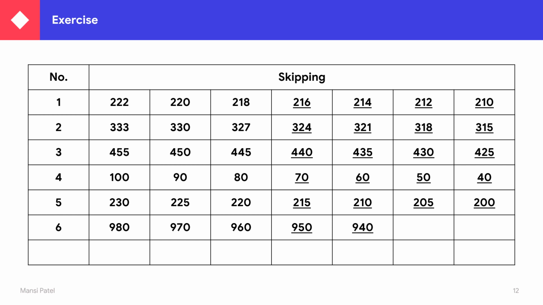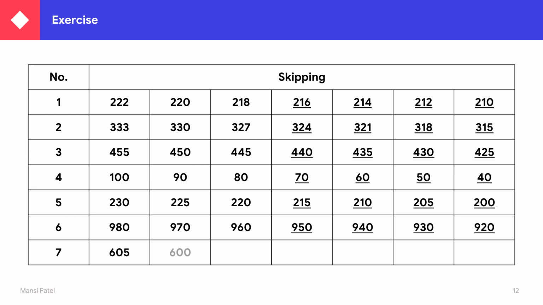Then 950 minus 10 is 940. Now what comes after 940 when we go backward by tens? It's 930 and then 920.